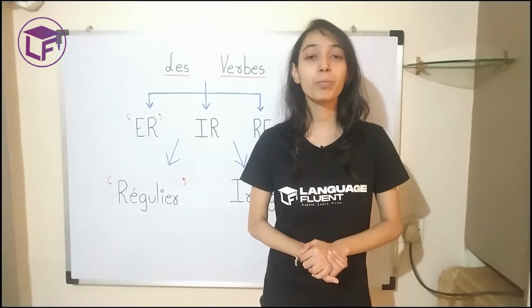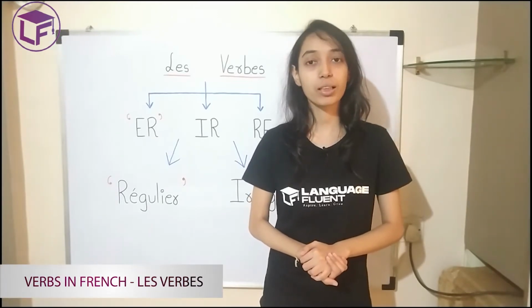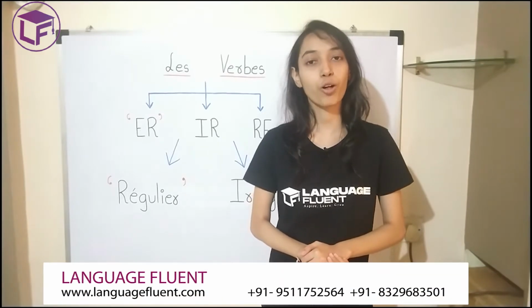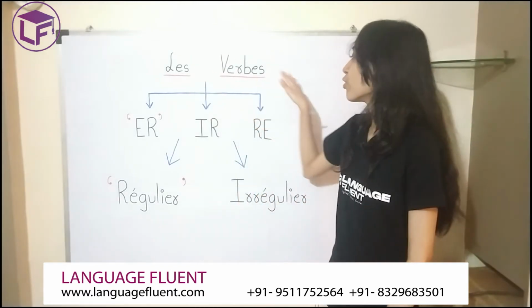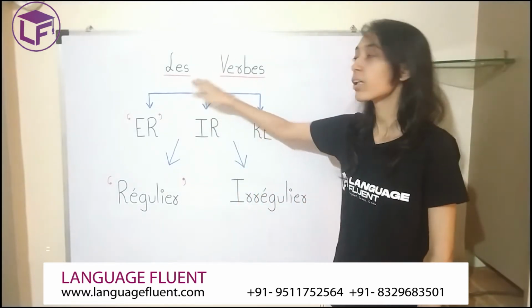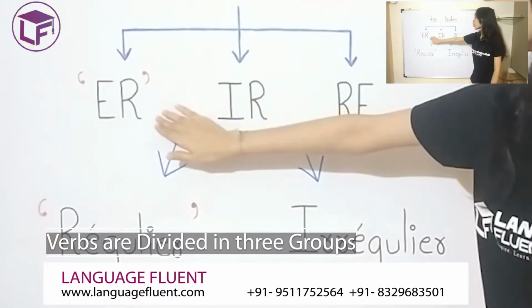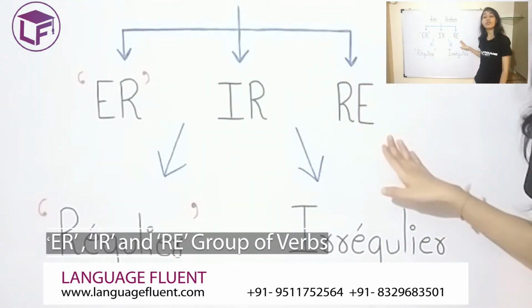So today we will be learning about verbs in French. Verbs are the action words which help us to describe what is happening in our surroundings and also to form phrases. In French, verbs are known as les verbes. They are divided into three groups: ER group of verbs, IR group of verbs, and RE group of verbs.